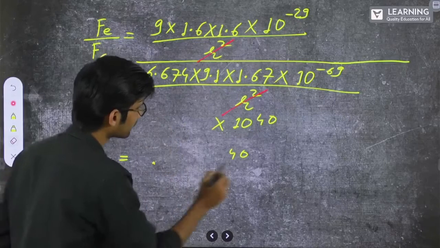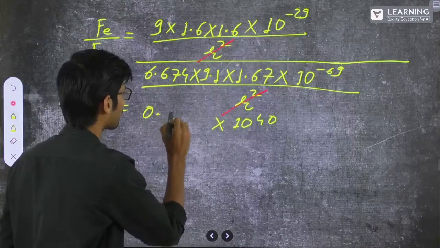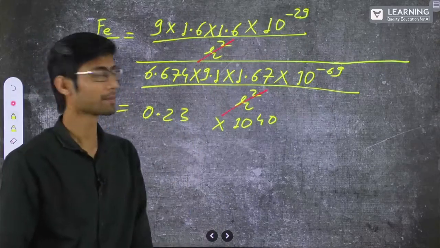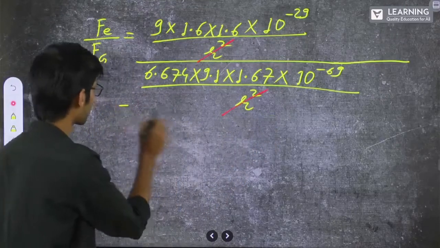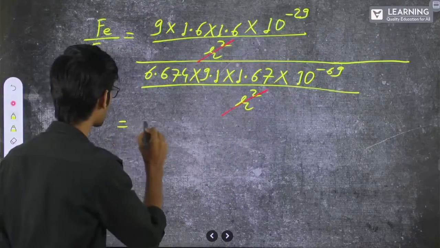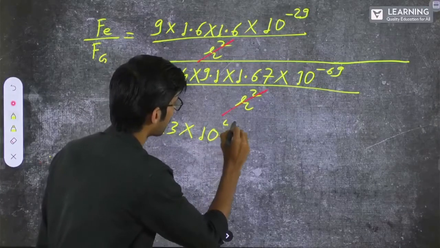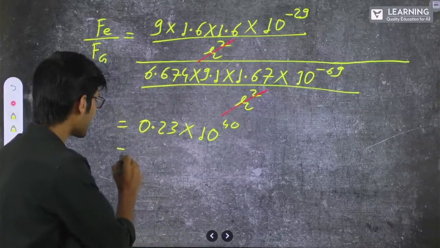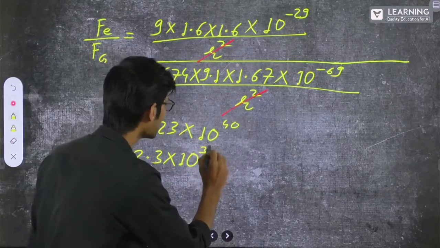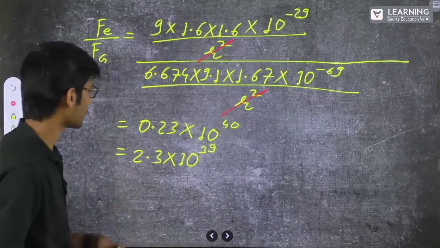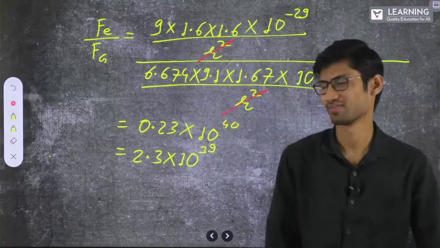This entire division will give me around 0.23 into 10 power 40. I hope you can see this is 10 power 40. So now I can write this as 2.3 into 10 power 39. Not Newton, this is the ratio. So the ratio is 2.3 into 10 power 39.